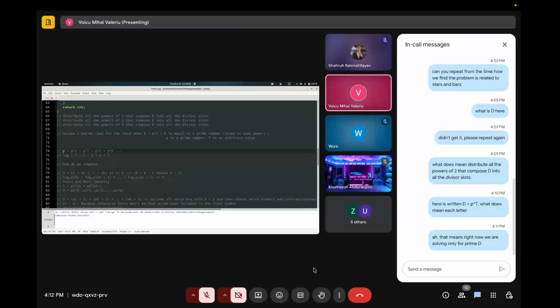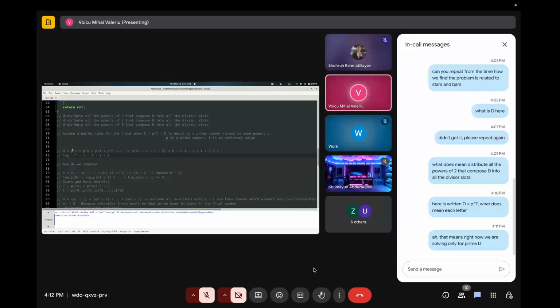So then, instead of representing D as P to the power of 1 times P to the power of 2 times P to the power of 1 times P to the power of 5, we notice that P is basically redundant. We don't really care, because only at the end we care that P to the power of this 1 plus 2 plus 1 plus 5 is equal to D. That is, 1 plus 2 plus 1 plus 5 is equal to log P of D, as we've denoted.